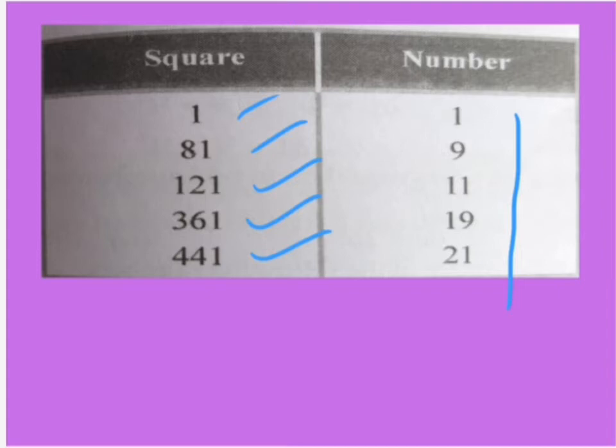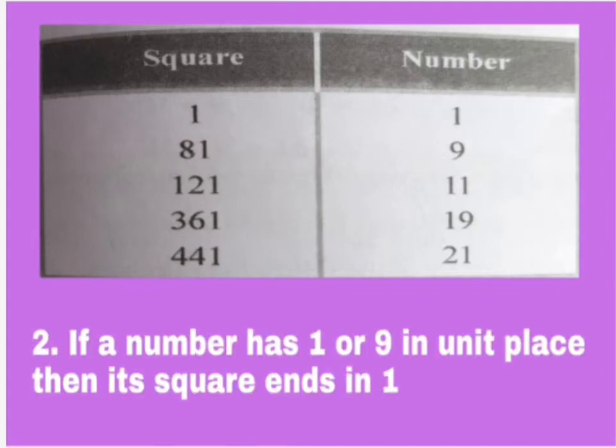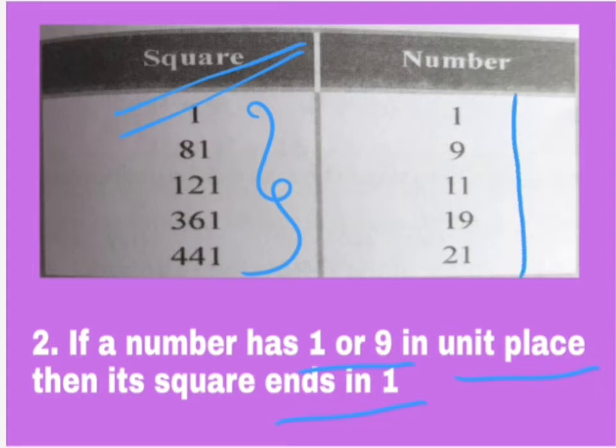Whenever you square a number which has 1 or 9 in the unit place, the square always has 1 in the unit place. That is the second property of square numbers: whenever we square a number having 1 or 9 in the unit place, the square number will always end with 1.